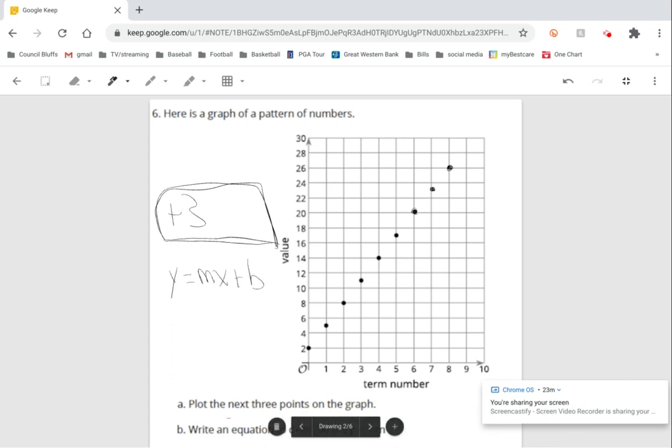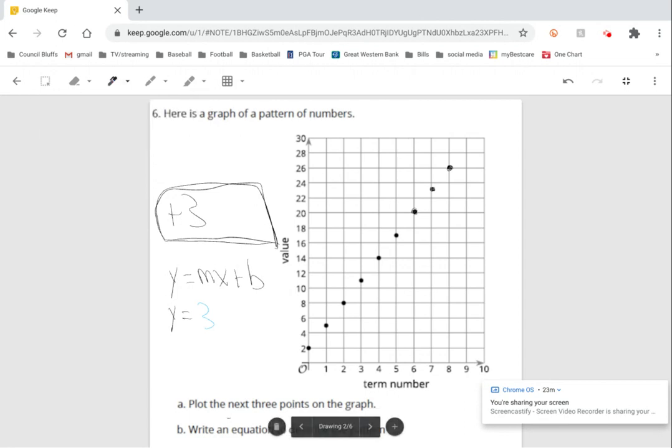If you look back at the bus rides question, which was number 3, you might remember that the m value, that is the slope, is what we're going up by each time. In the bus ride question, we were going up by 25 cents per ride. In this case, we're going up by 3. So our m value is going to be 3 this time.